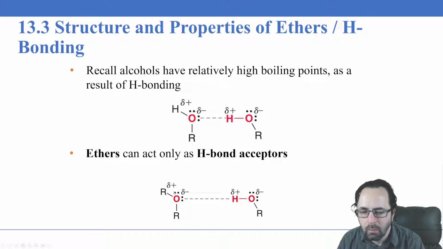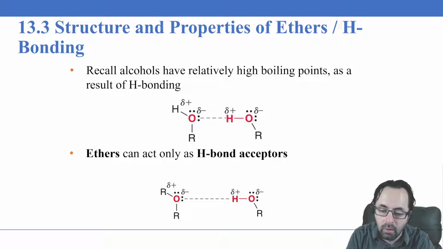Now, when it comes to their physical properties, when we covered alcohols in the last chapter, we were talking specifically about how alcohols do hydrogen bonding with one another. So they have some strong intermolecular forces. And now ethers can accept a hydrogen bond because they have an oxygen that's partially negative. They're bonded to some carbon atom that has lower electronegativity, so the electrons are being pulled towards the oxygen.